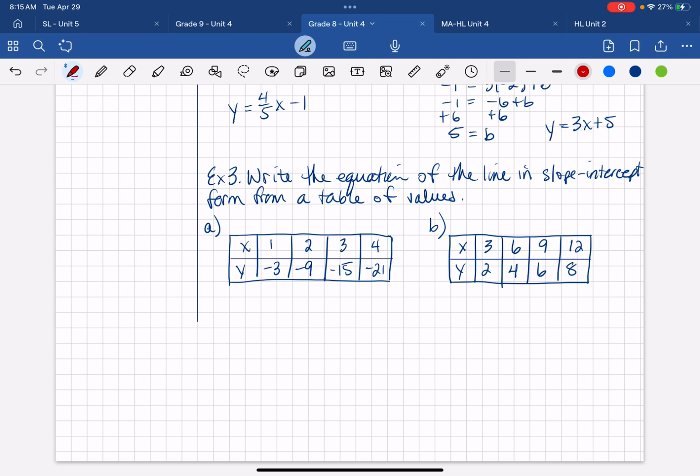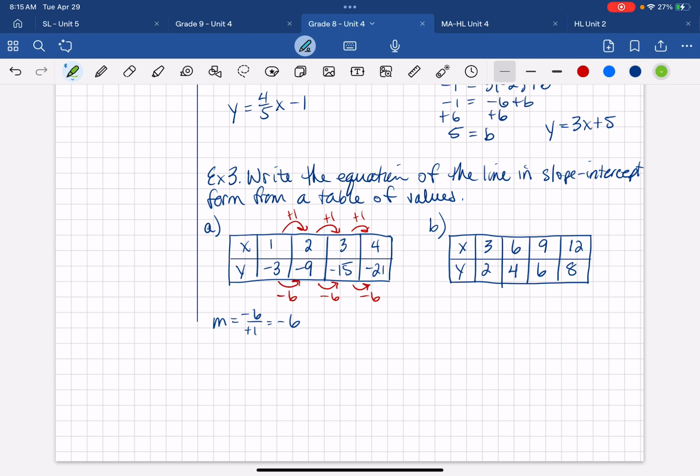Going from x, 1 to 2, I plus 1, 2 to 3, I plus 1, 3 to 4, I plus 1. That's the same pattern. For y, I minus 6, minus 6, minus 6. That means my gradient is minus 6 over plus 1, or just minus 6.